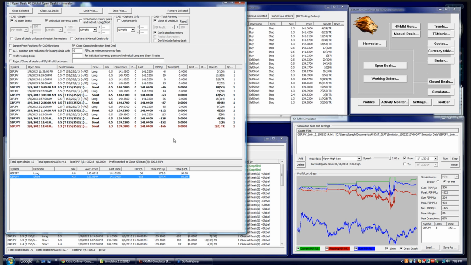So the broker will look at this as we only have one trade that is 0.5 mini lots long, but we really have a total of 15 trades. We manage them individually.